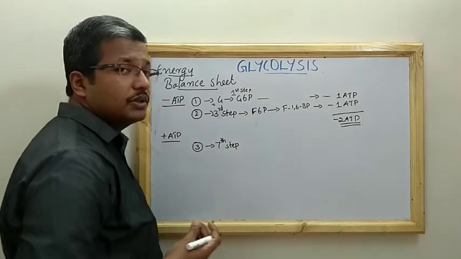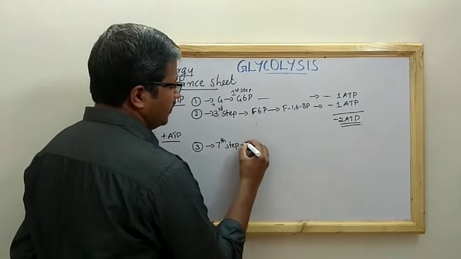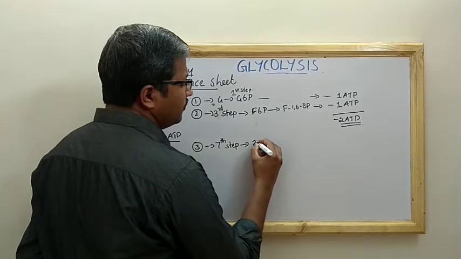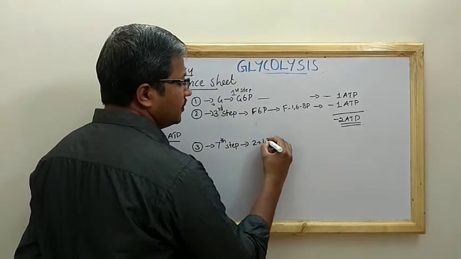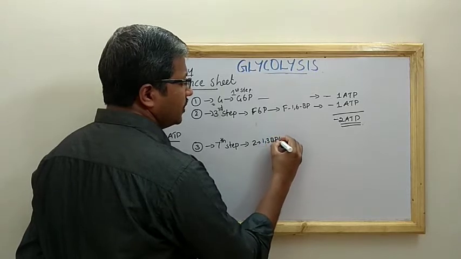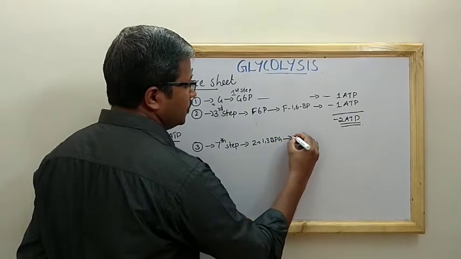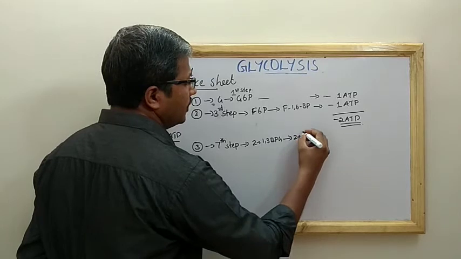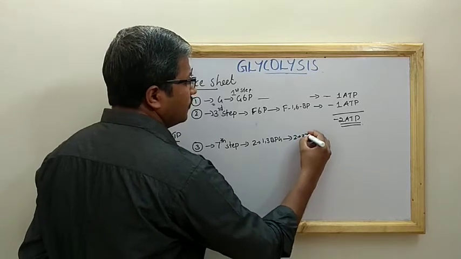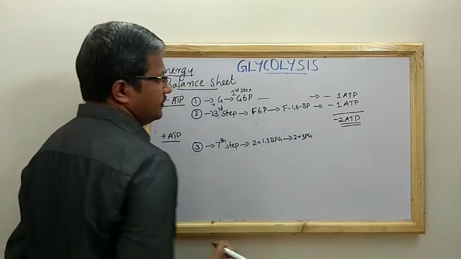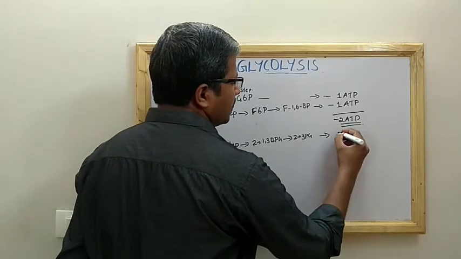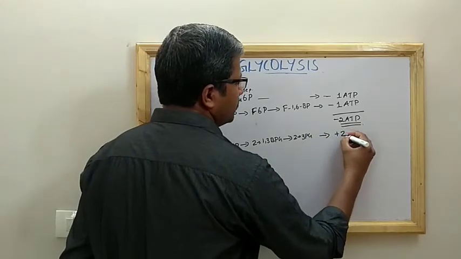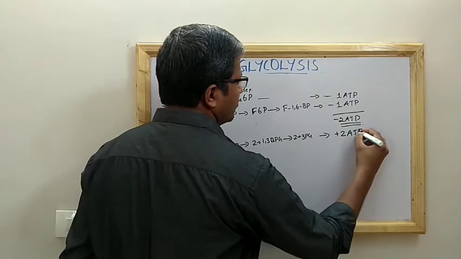In the 7th step, what is happening? 2 molecules of 1,3-bisphosphoglycerate are converted into 2 molecules of 3-phosphoglycerate. As a result, plus 2 ATP is formed.